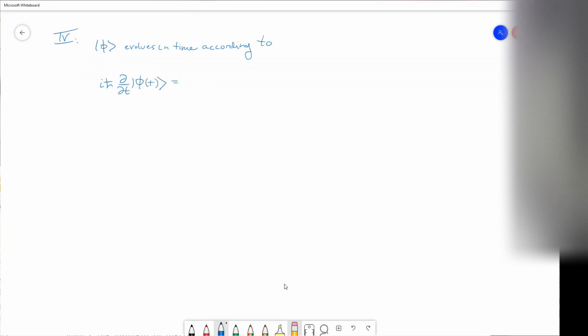And that's equal to your operator H. This is your Hamiltonian. It's the operator associated with measuring the energy. And that's how it evolves.